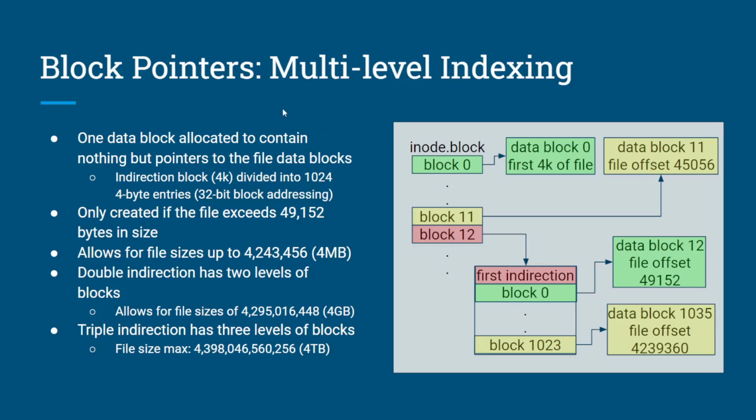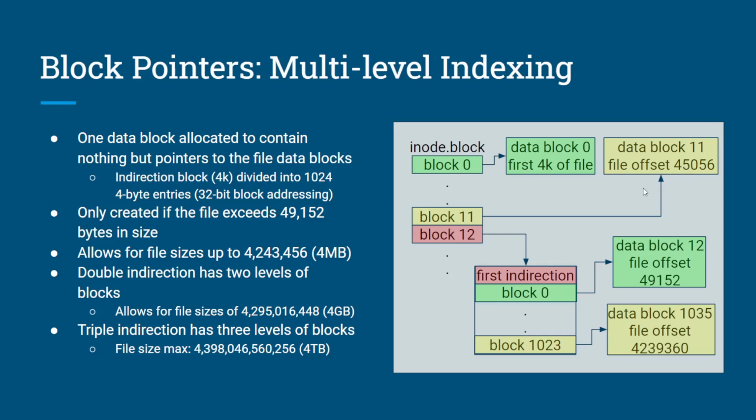So, how do we handle this multi-level indexing? Well, when we first create the file and blocks 0 through 11 are actually used, so block 0 starts the first 4K of the file. By the time we get to block 11, we're actually at file offset 45,000 or 45 kilobytes.